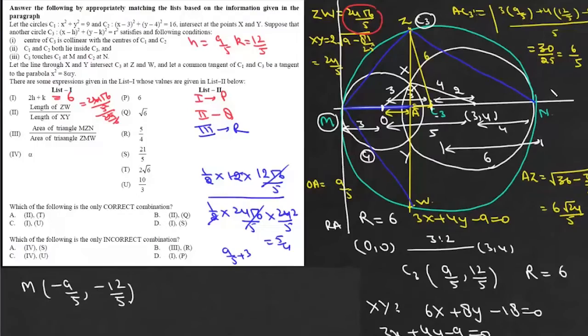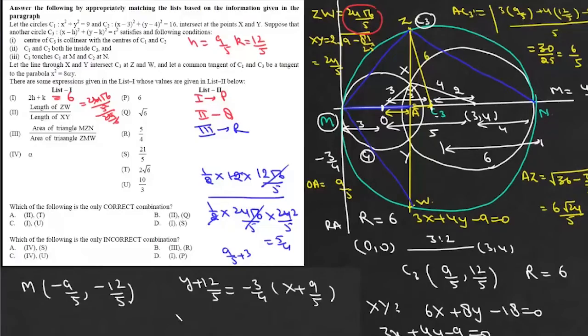Now slope of this line is 4 by 3. Then slope of this other line will be minus 3 by 4. So equation of this common tangent will be y plus 12 by 5 equal to minus 3 by 4 into x plus 9 by 5.